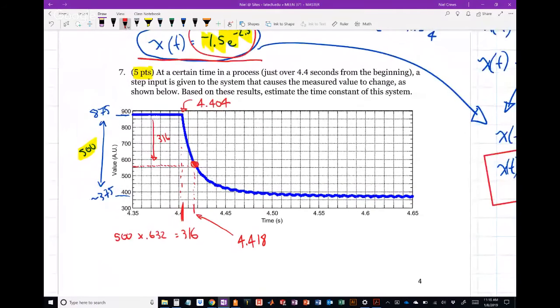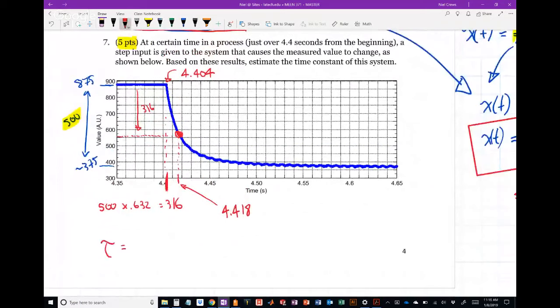Okay, and so then the time constant tau is going to be 4.418 minus 4.404, which here is going to be 0.014 seconds. Okay, that's going to be our time constant. And this is going to vary a little bit just based on how you're eyeballing these different values over here. But that's roughly going to be what that is.